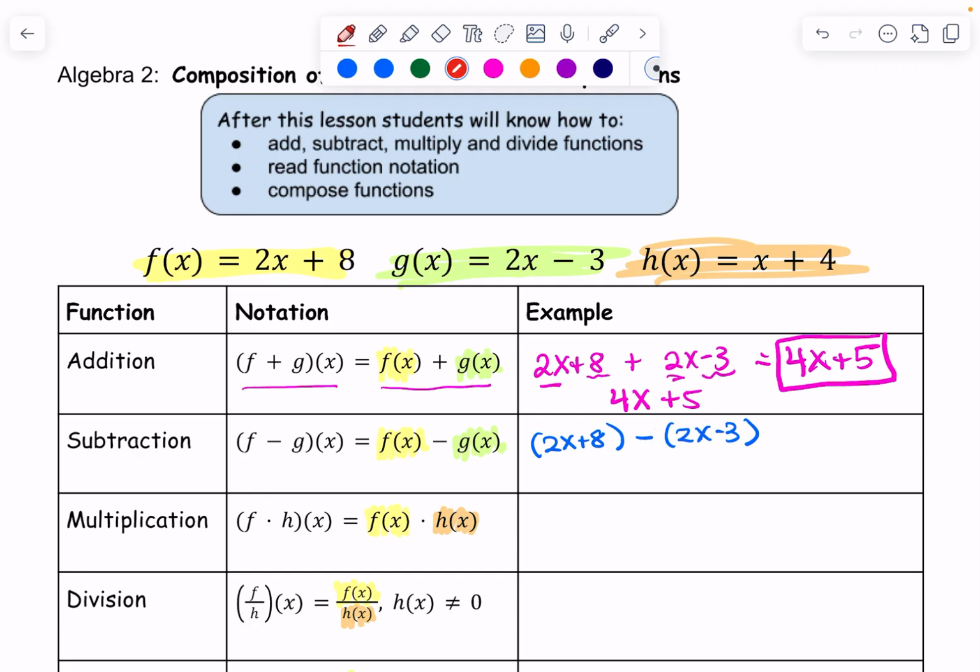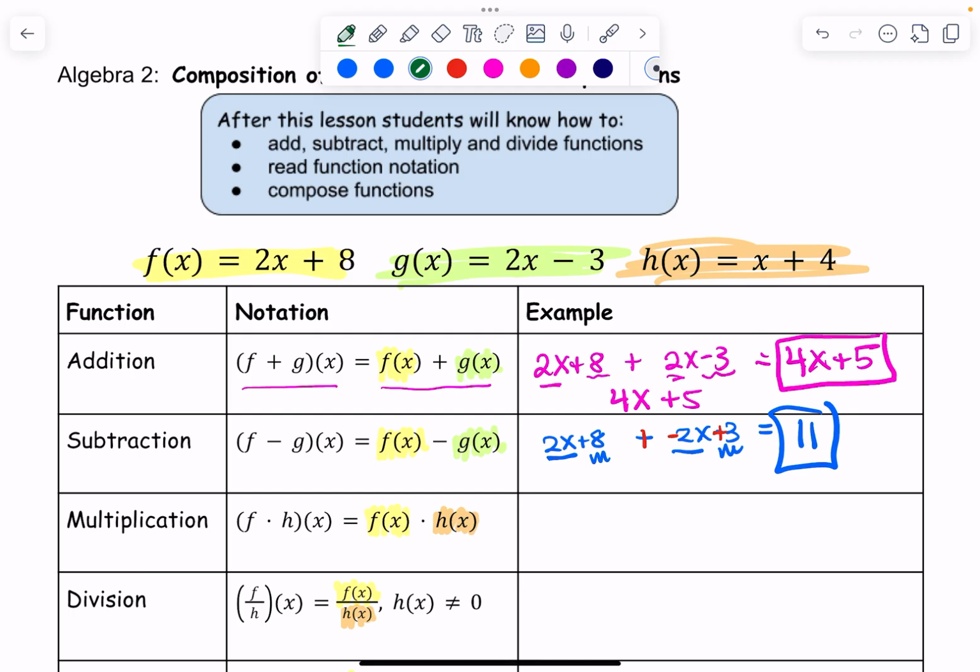So we're going to add the opposite of a positive and the opposite of a negative. So we're going to change those. And now we have an addition sign so we can drop the parentheses, right? Adding like terms, when we add a 2x and a negative 2x, we don't have any x. And when we add an 8 and a positive 3, we have an 11. So our answer to this one will just be 11.